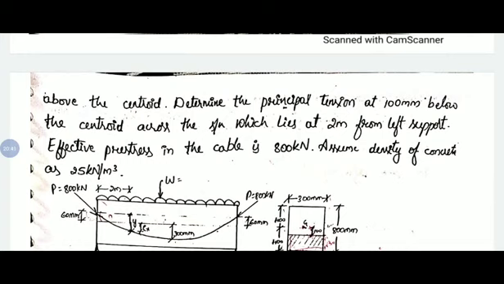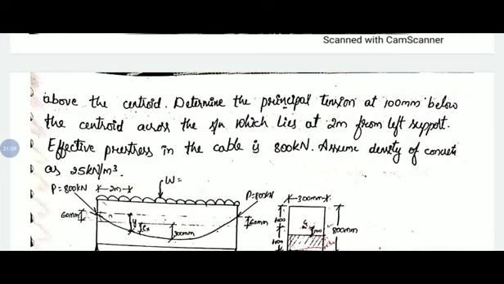Determine the principal tension at 100 mm below the centroid across the section which lies at 2 m from left support. Effective pre-stress in the cable is 800 kilonewton. Assume density of concrete as 25 kilonewton per meter cube.